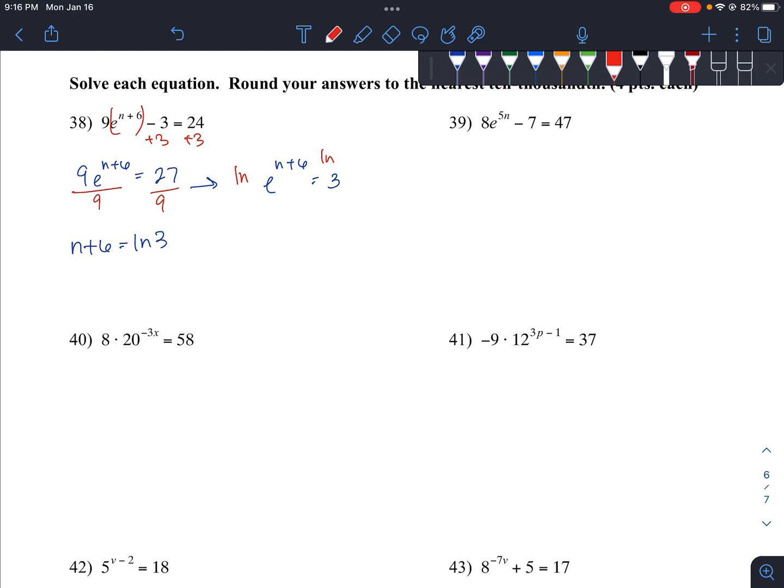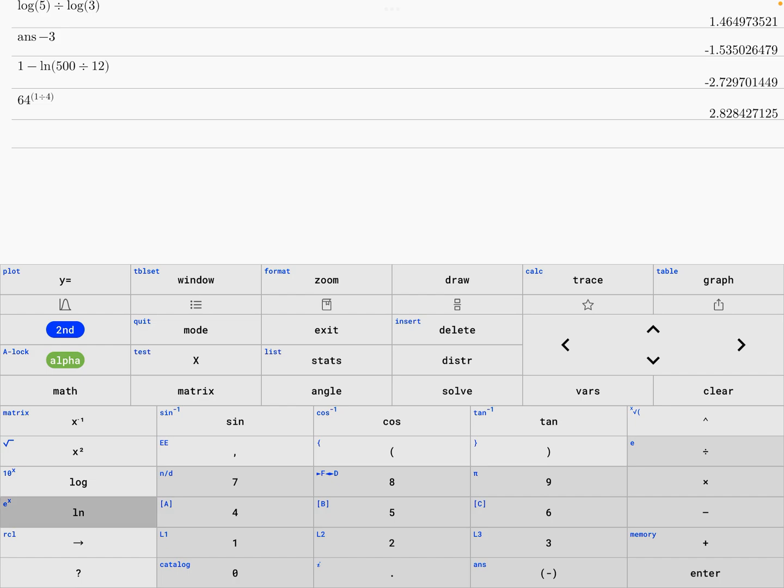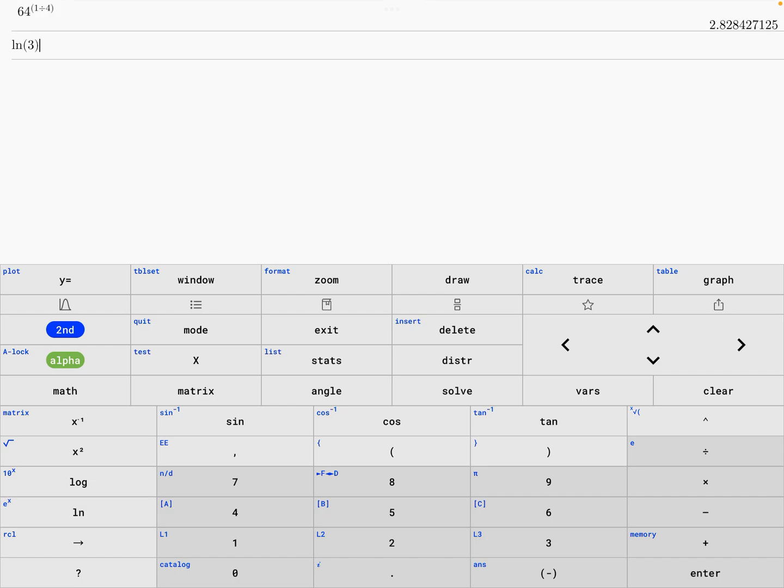And then I'll subtract 6. I'll get n is equal to the natural log of 3 minus 6, which will be equal to, let's try it out here. So natural log of 3 minus 6, I get negative 4.901.